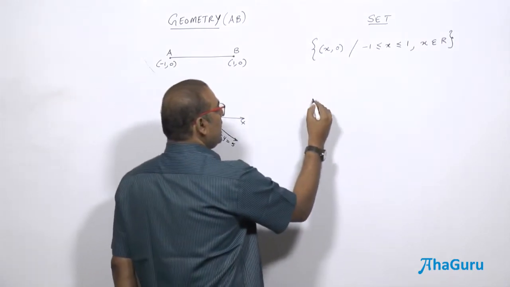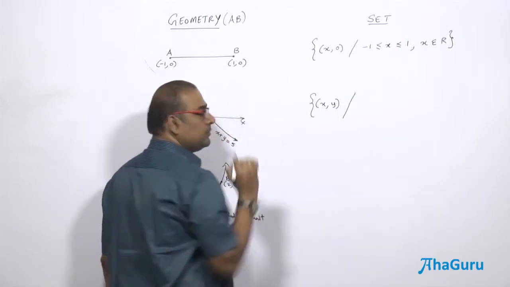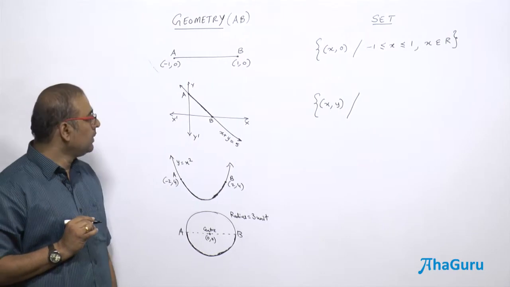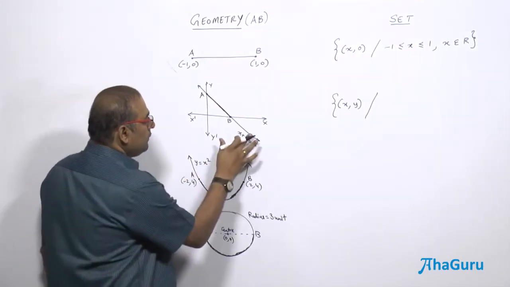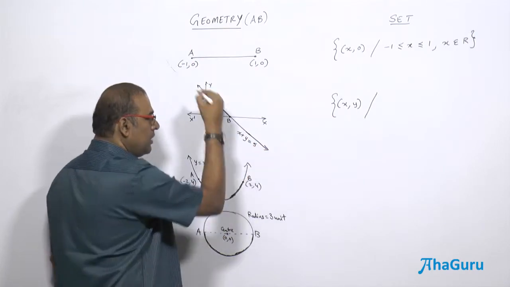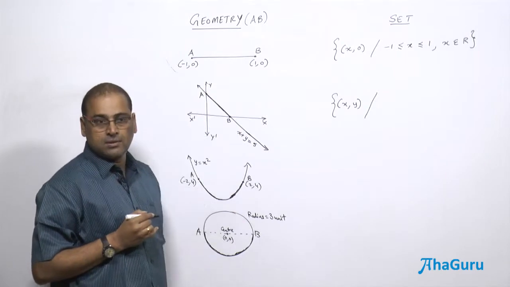So this is going to have x comma y, the set of collections of (x, y). If you say x + y = 5, then the whole line will come. Do you want only from this to this?